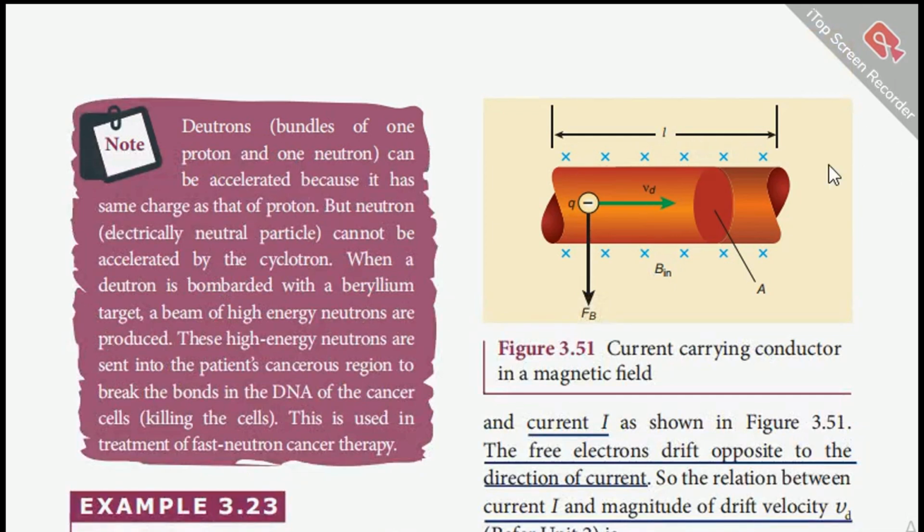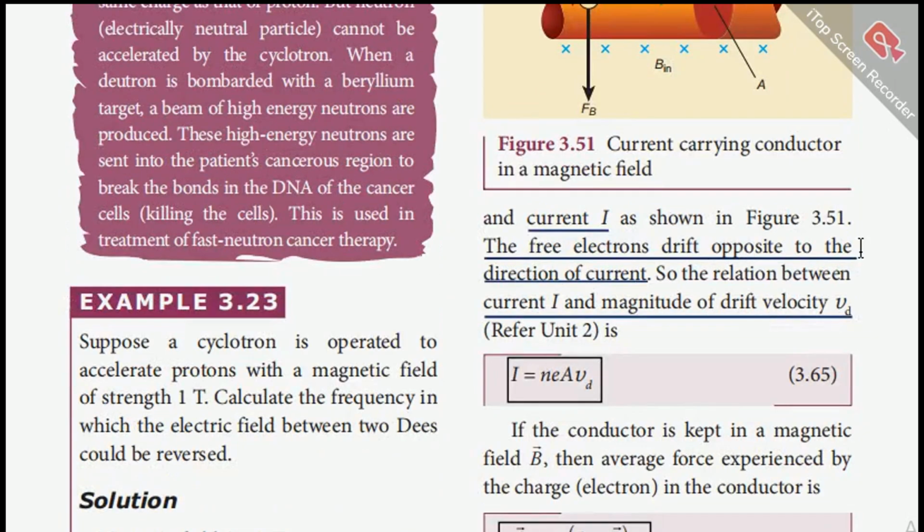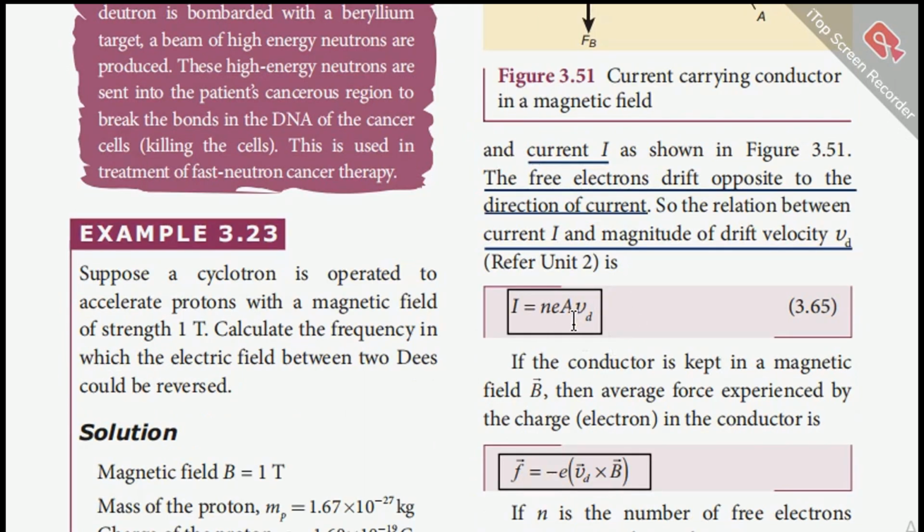So this is the current carrying conductor which is kept in a magnetic field, having a length l and cross sectional area A. The free electrons drift opposite to the direction of current, so the relation between current I and the magnitude of drift velocity vd is given by the expression I equal to neAvd, where vd is the drift velocity and A is the area of cross section.